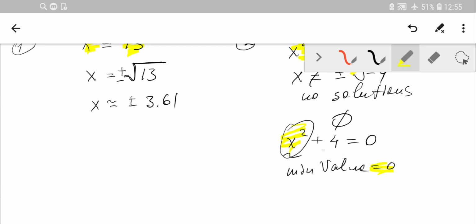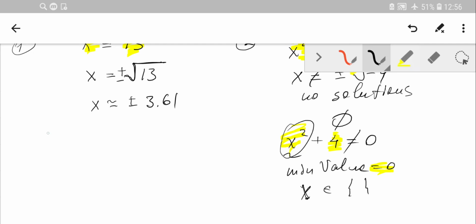So if we add on top of that the positive number 4, we definitely never reach 0. So no matter what x is, there will be no solution. There will be no way to get 0. So x is just the empty set, which means no solution at all.